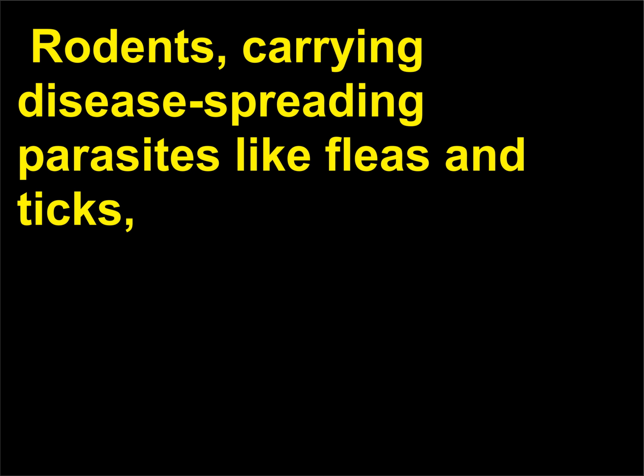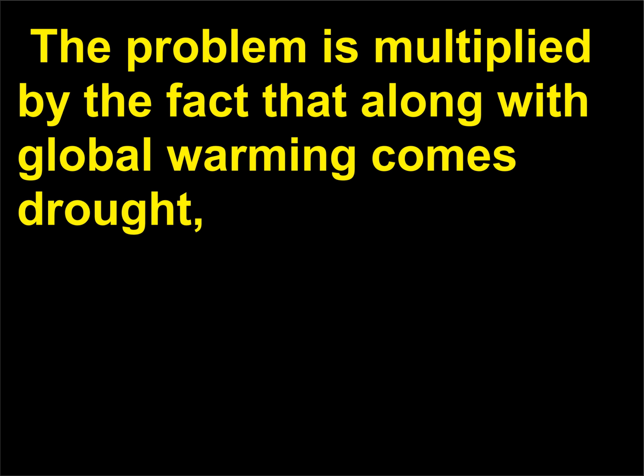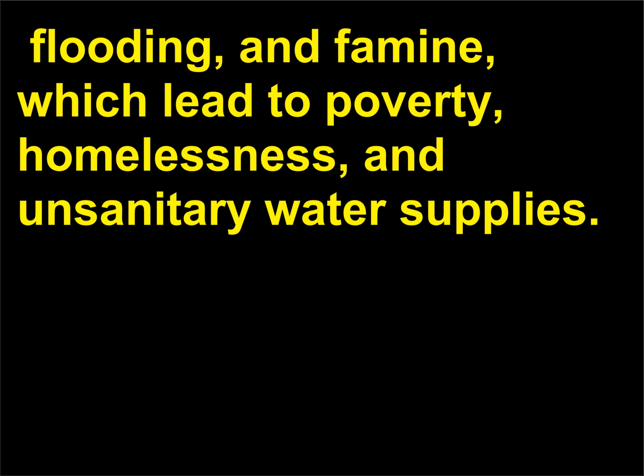Rodents, carrying disease-spreading parasites like fleas and ticks, also spread their ranges as climates warm. The problem is multiplied by the fact that along with global warming comes drought, flooding, and famine, which lead to poverty, homelessness, and unsanitary water supplies.